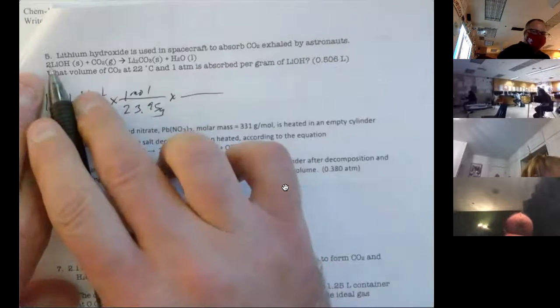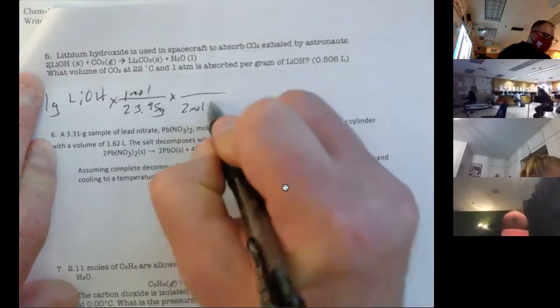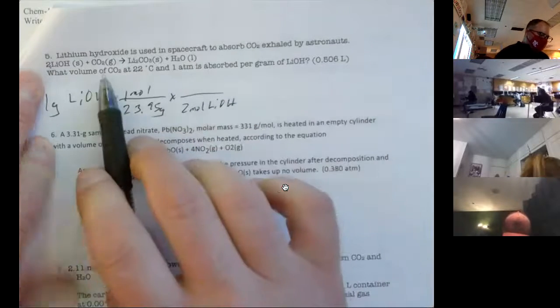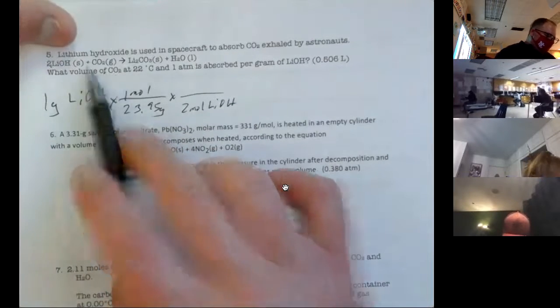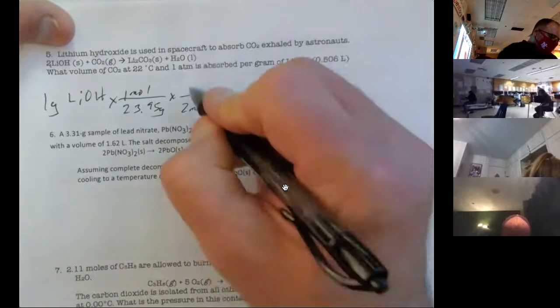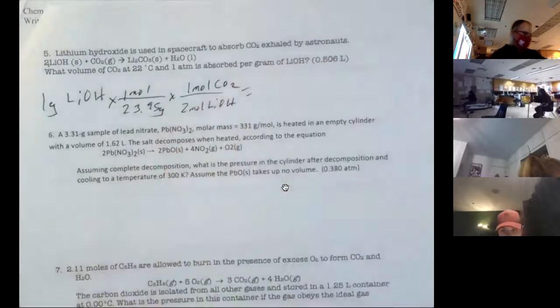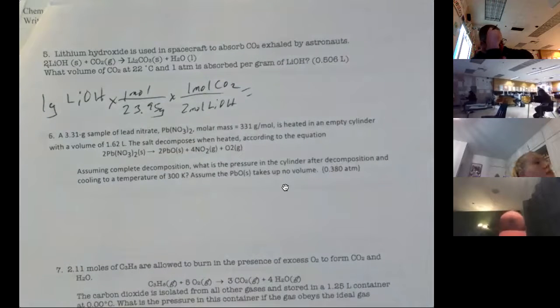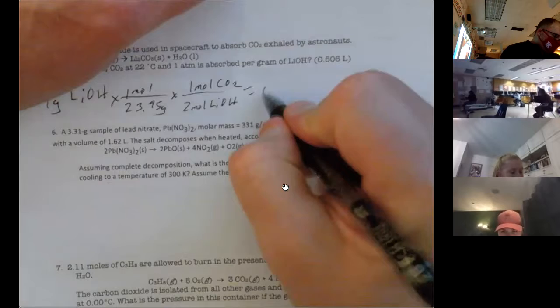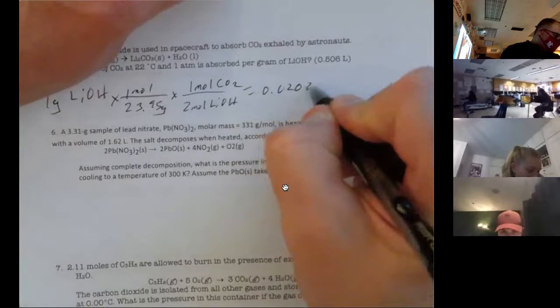Every 2 moles of LiOH is 1 mole of CO2. One divided by 23.95 divided by 2. The answer is about 0.02087.